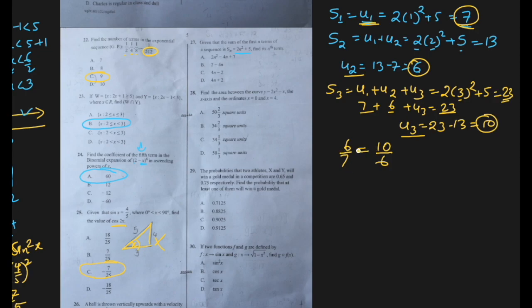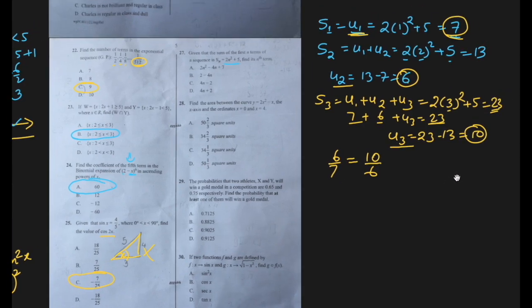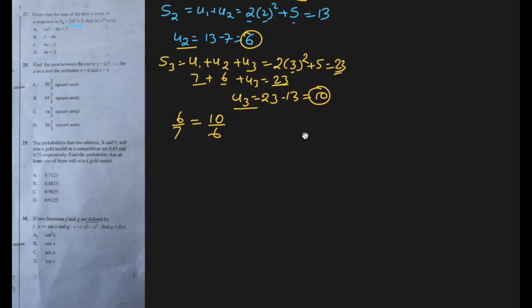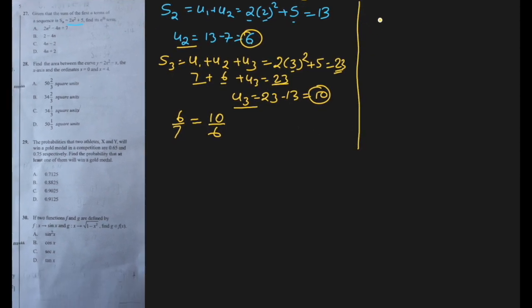That is also not working, which means we will have to take some other strategy here. Okay, so Sn is equal to 2n square plus 5. Correct? What about Sn minus 1?